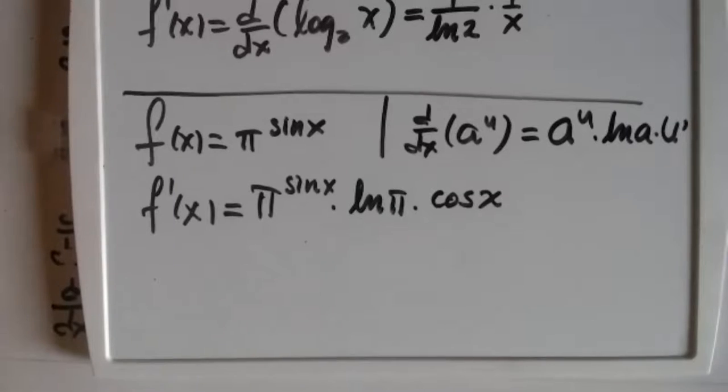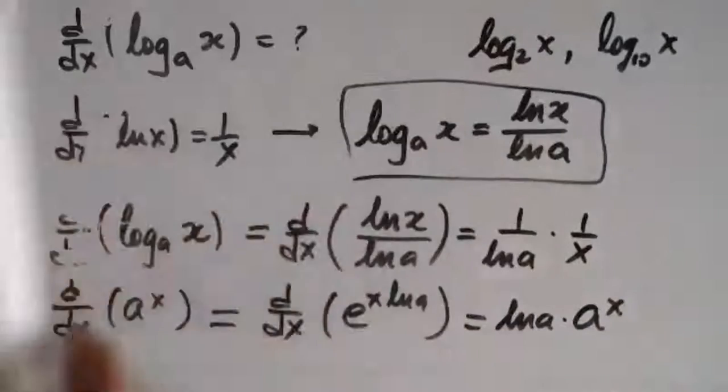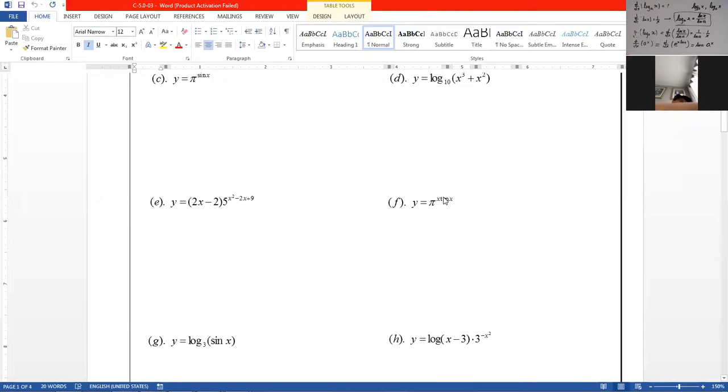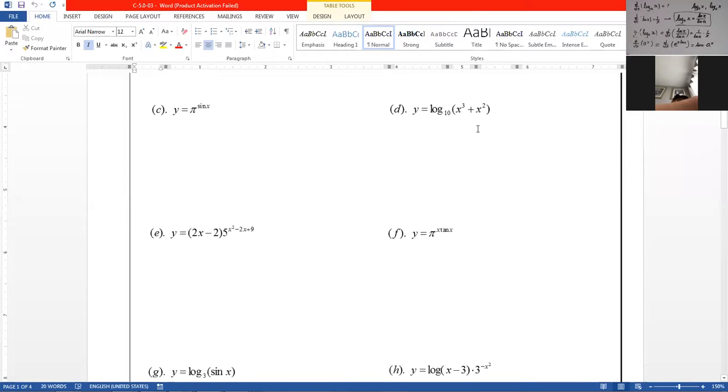Okay, well, another example. Another example is going to be simple. Let me just share screen right here. So the problem you see here is the log in base 10, y is the log in base 10 of x cubed plus x squared.